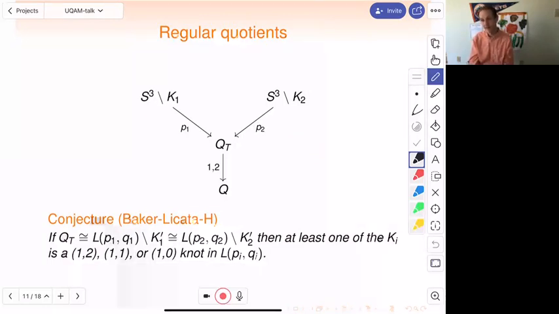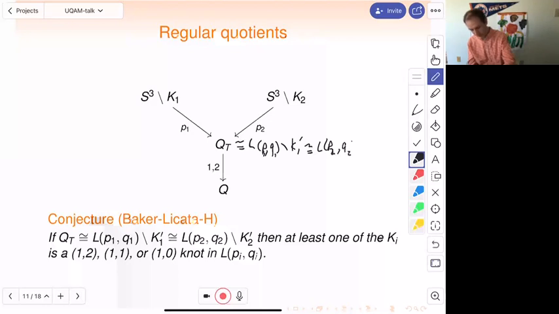So instead, what we'd have is that QT is going to be homeomorphic to two different knots in lens spaces.